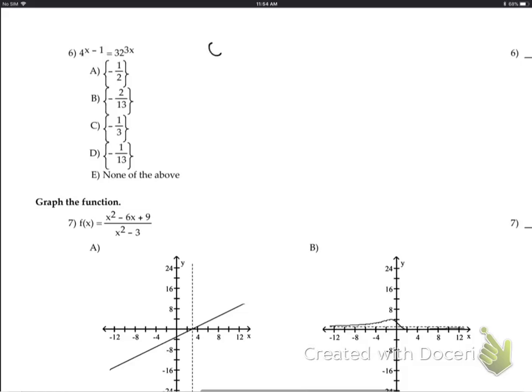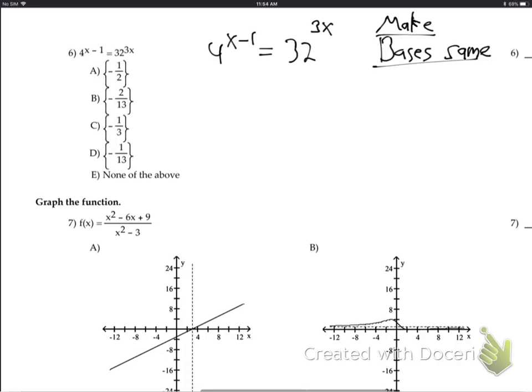Okay. So 4 to the x minus 1 is 32 to the 3x. So try the same thing there, huh? Make the bases the same. Can you make 32 4 to something?